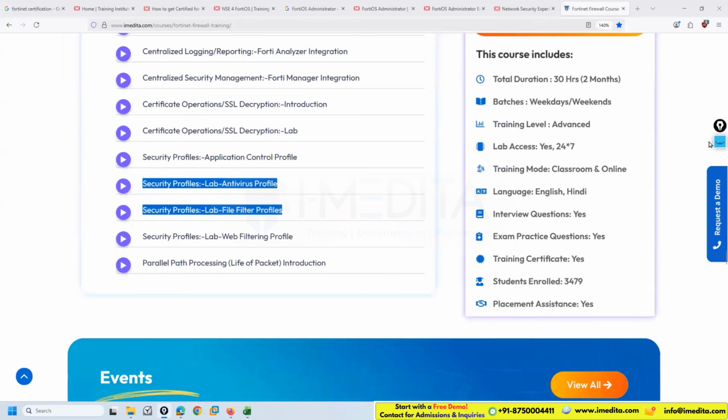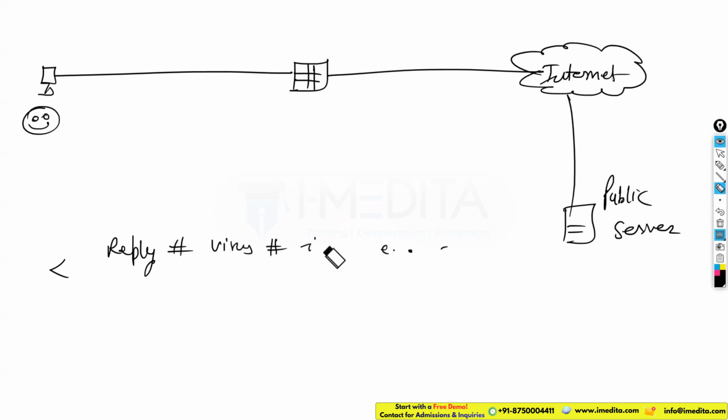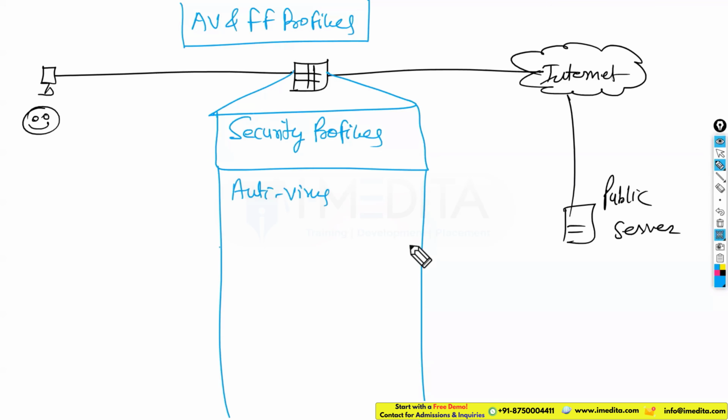Now we want to block virus and file type. For this, we have antivirus and file filter profiles. So what we will do on our firewall is deploy antivirus and file filter profiles. Antivirus will block virus.